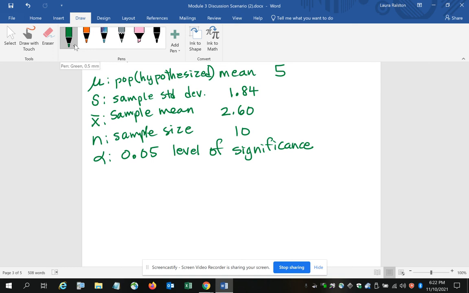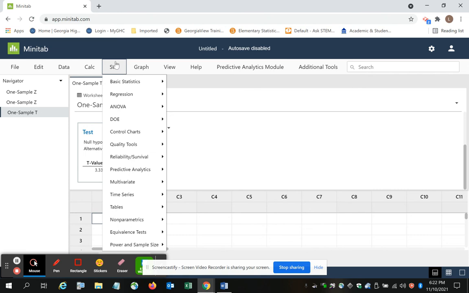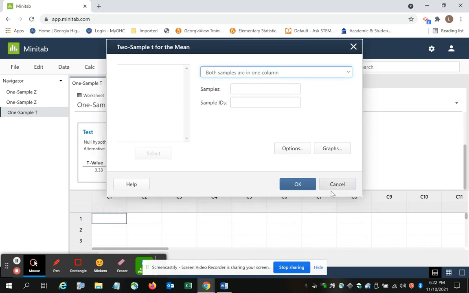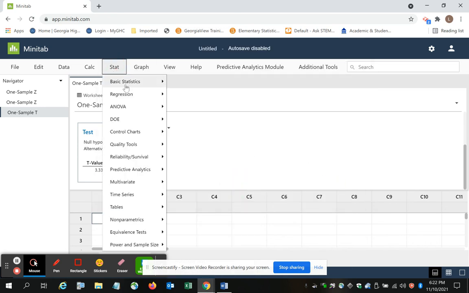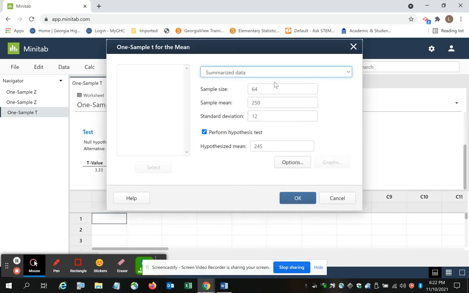Okay, so I've collected all of my information. I'm going out to Minitab. Stat, basic statistics. Whoops, I hit the wrong one, sorry. Stat, basic statistics, 1 sample t, again using summarized data. My sample size this time was 10. My sample mean was $2.60.